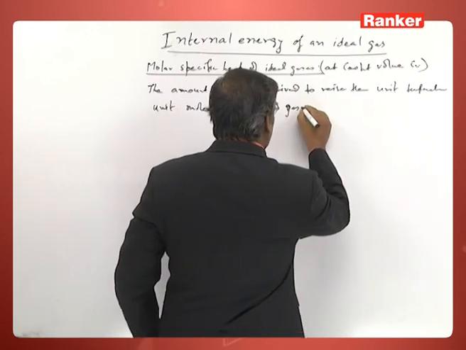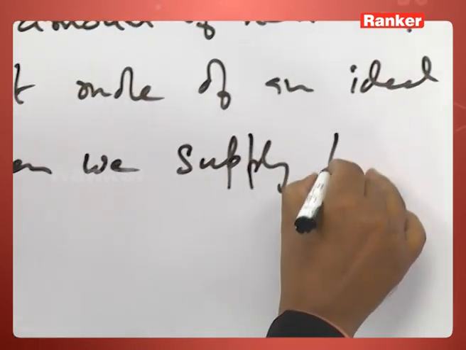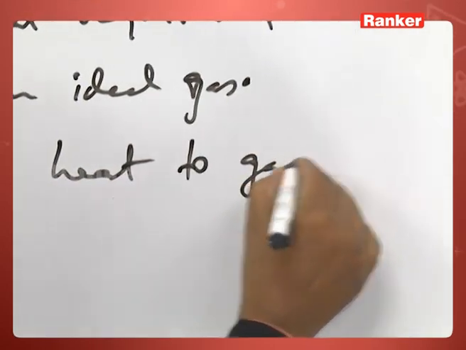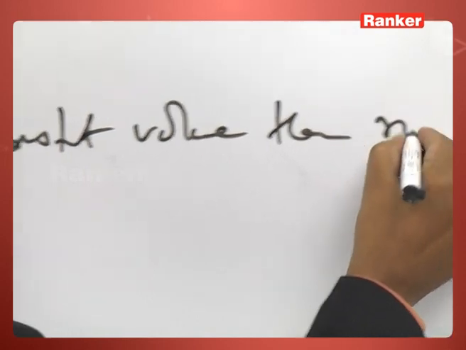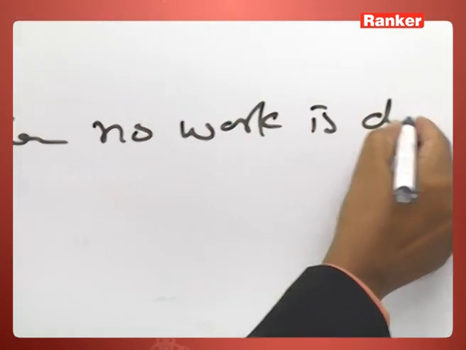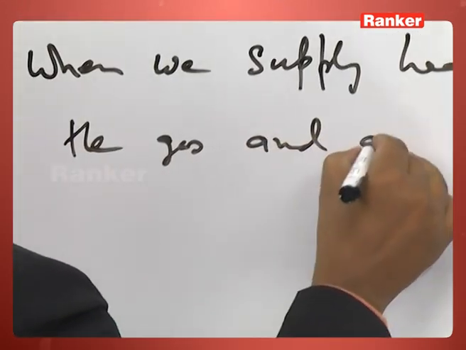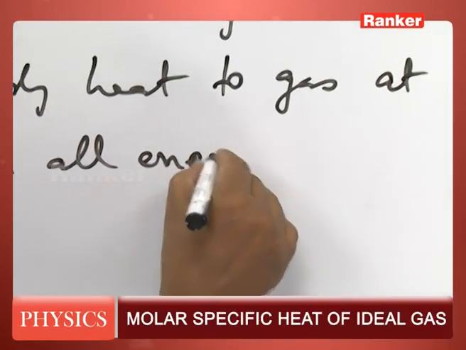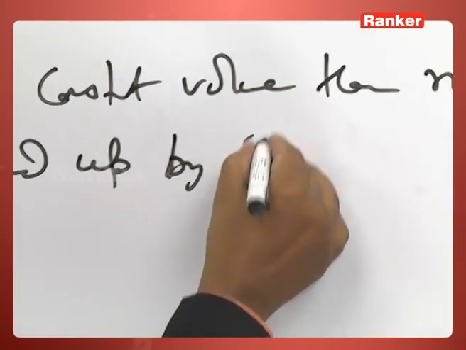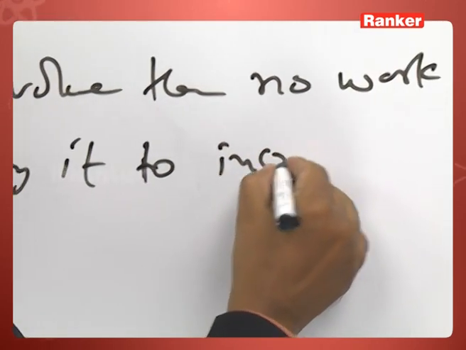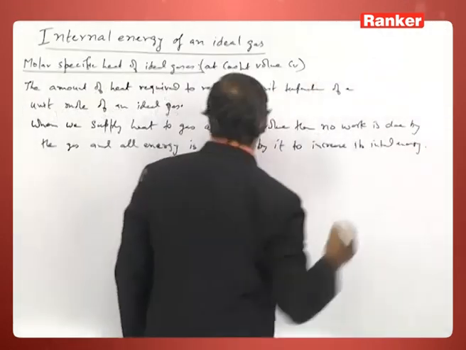So when we supply heat to a gas at constant volume, then no work is done by the gas and all the energy is used up by it to increase its internal energy.